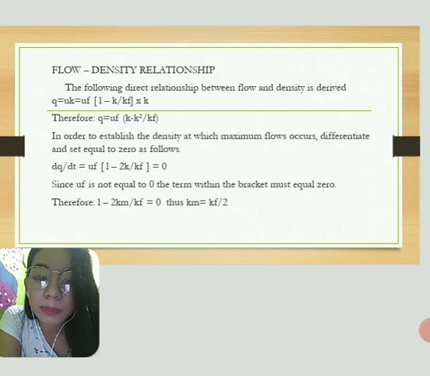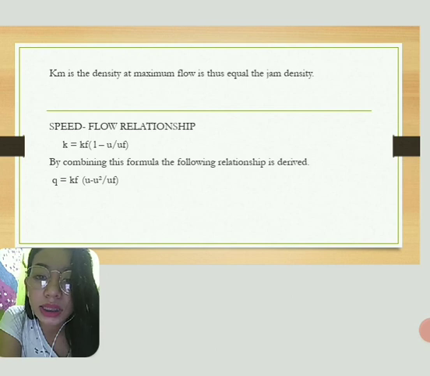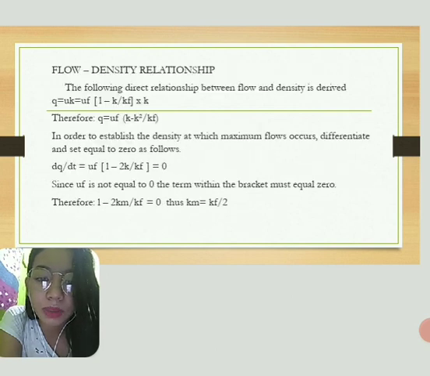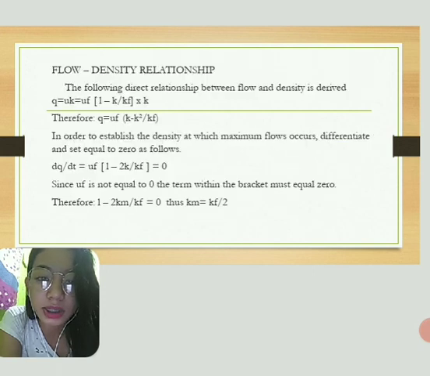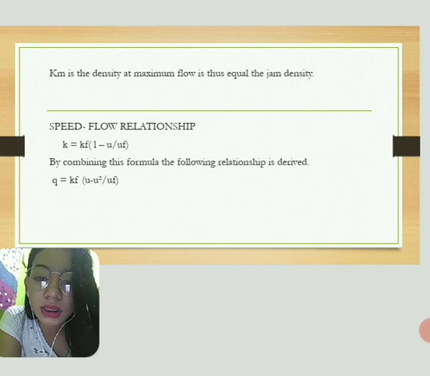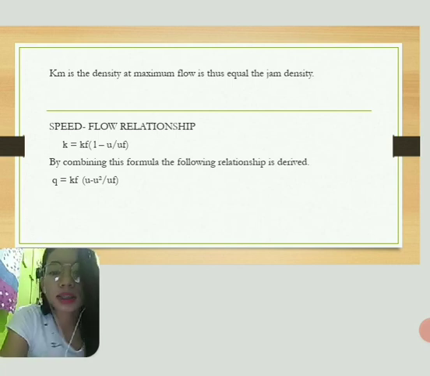Km represents the density at maximum flow, which is thus equal to half the jam density. Kf is the jam density, and Km is the density at maximum flow.